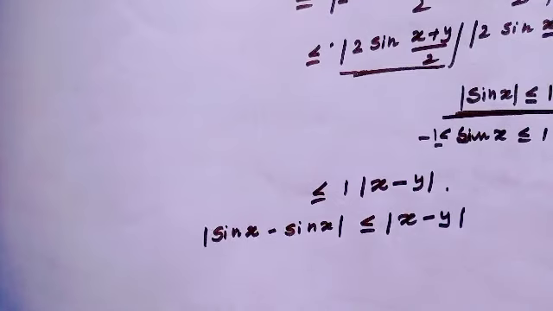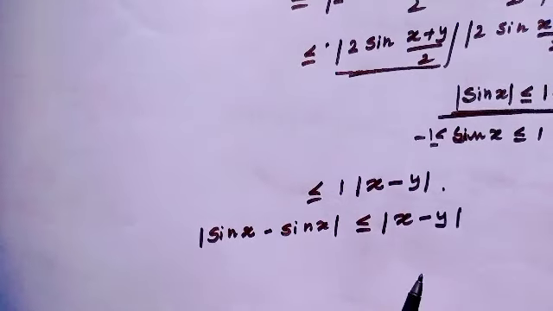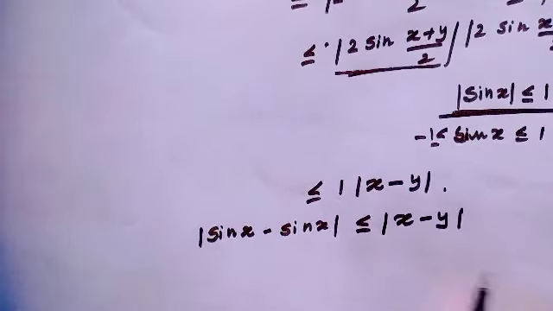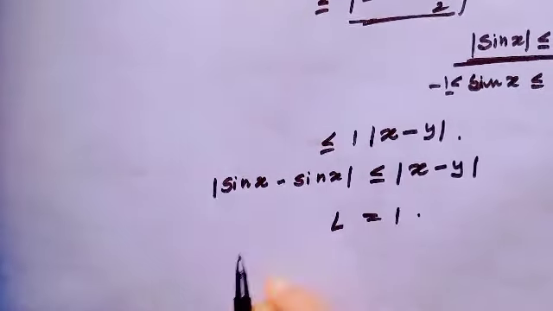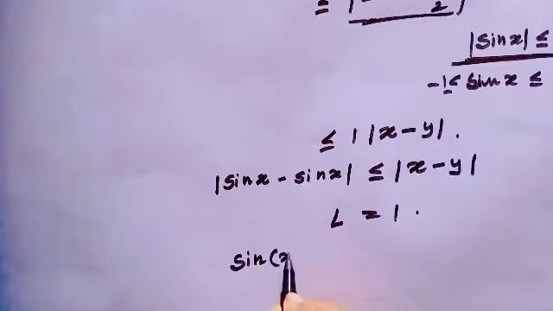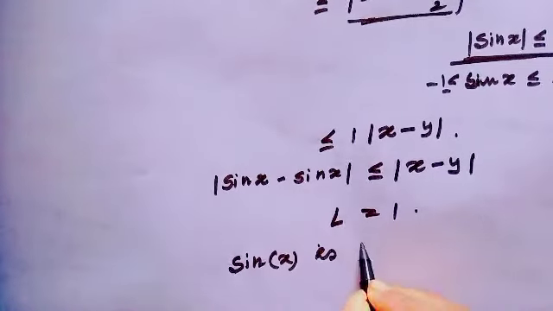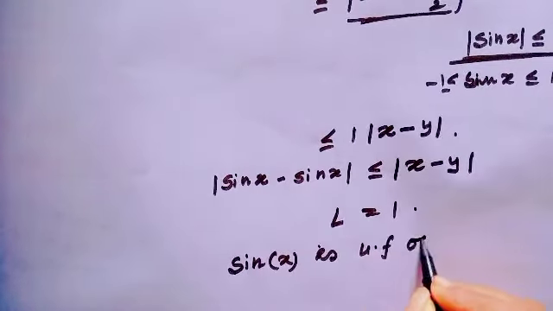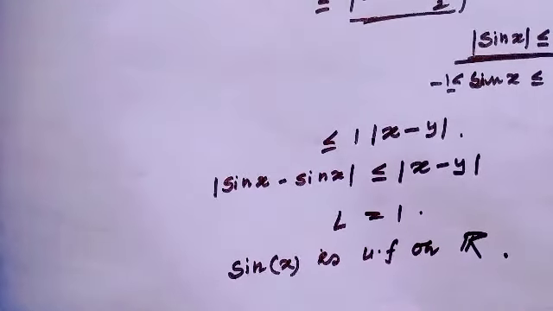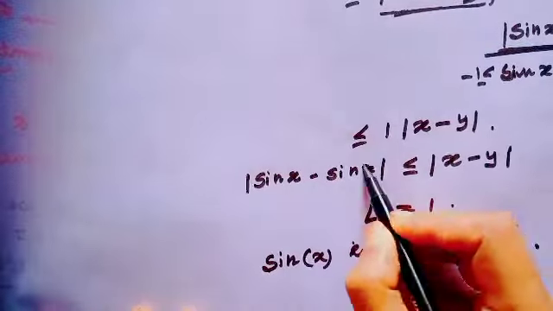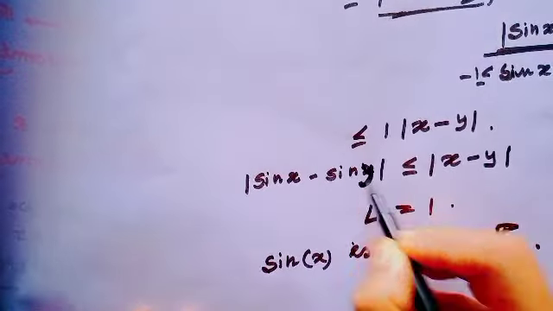And here the Lipschitz condition is also satisfied, here L equal to 1. So we can easily tell sin x is uniformly continuous on the whole R. Okay? Sorry, here y, just a printing mistake.